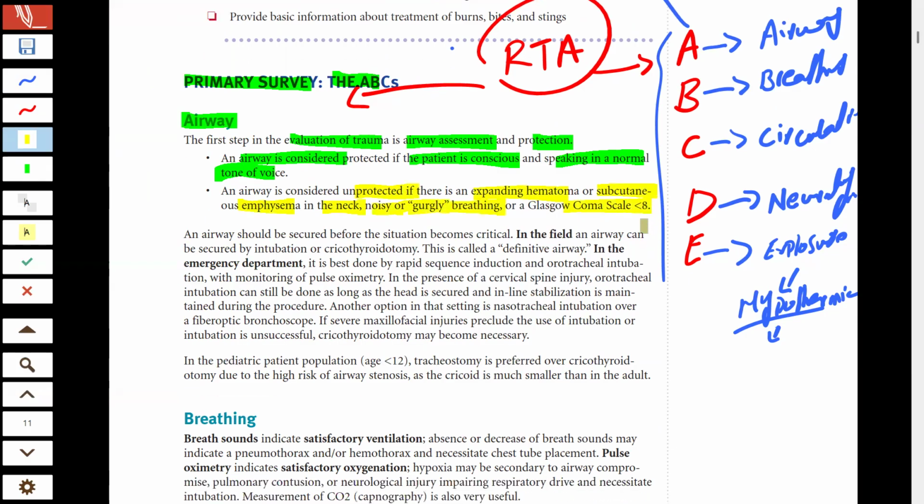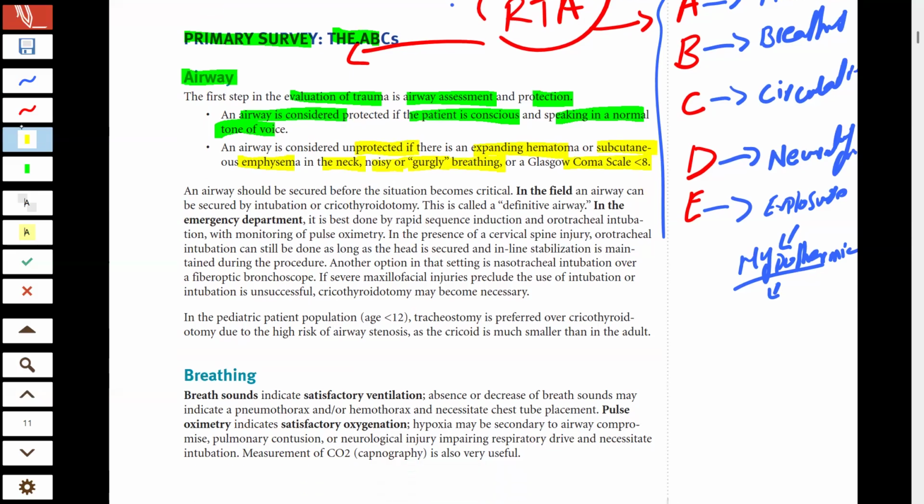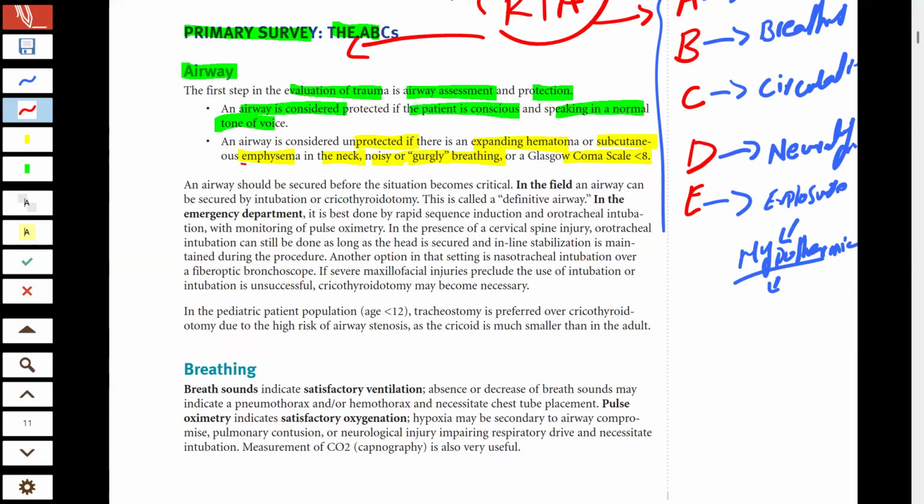If on palpation you find emphysema on the neck, it means there is airway compromise.